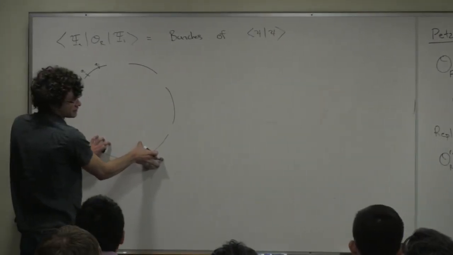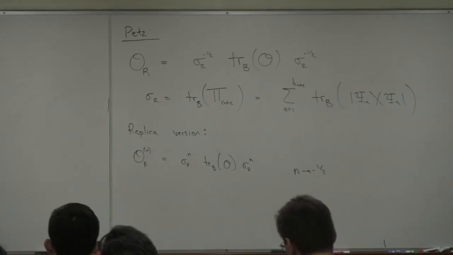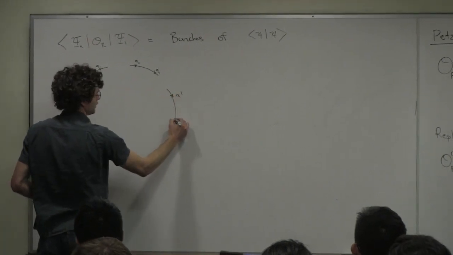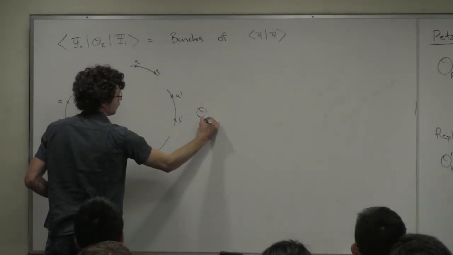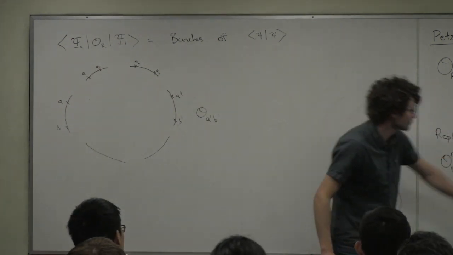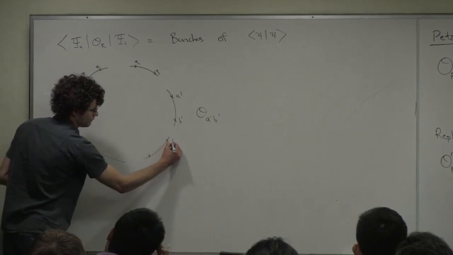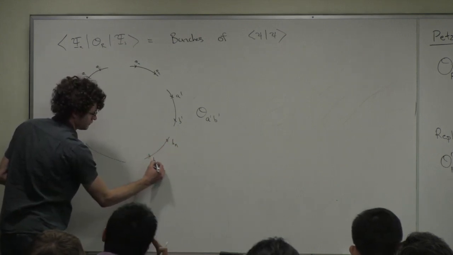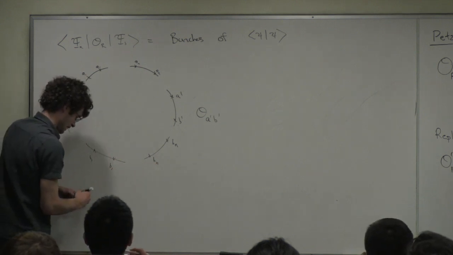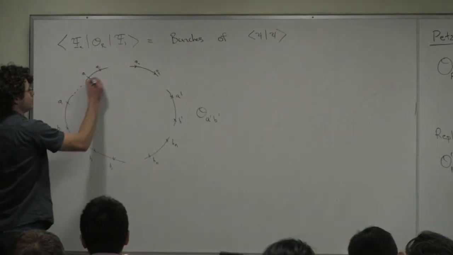Those are the sigmas, sigma_R to the n. A_n, A_n. Then over here, we have A prime, B prime, O, A prime, B prime. That's this factor here. And then we have a bunch of other sigmas down here, B_n up to B_1, B_1.